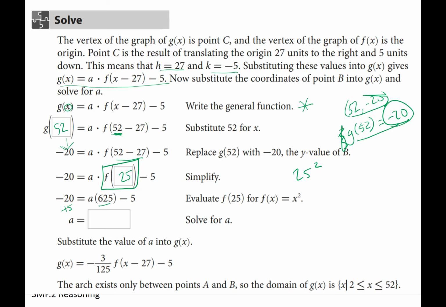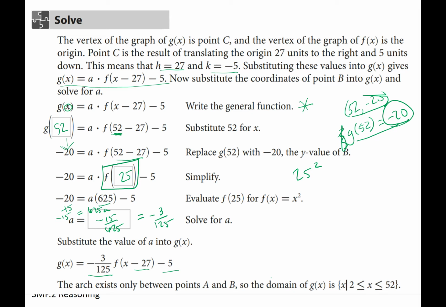Add the 5, so you get -15 equals 625a, and then you divide by the 625, so you get -15 over 625, which, if I look at that, 5 goes into both of them, so I can reduce that to -3 over 125. And then what you do is you plug it back into that generic function. So we put the -3 over 125 back in for the a, and we use our h and our k values from before.